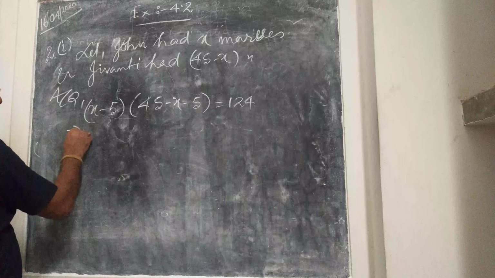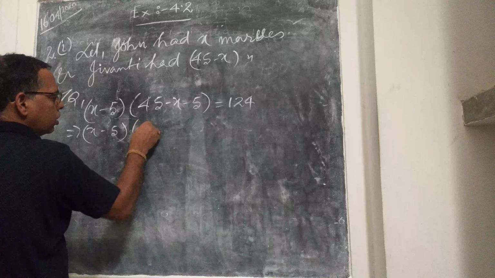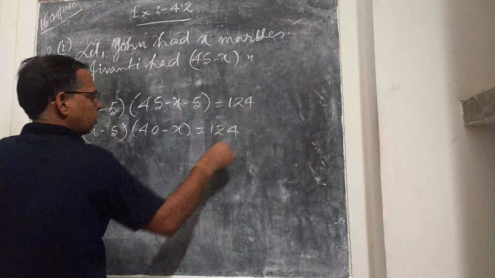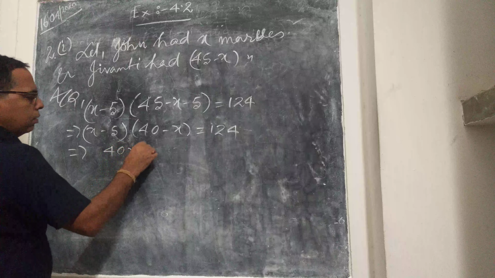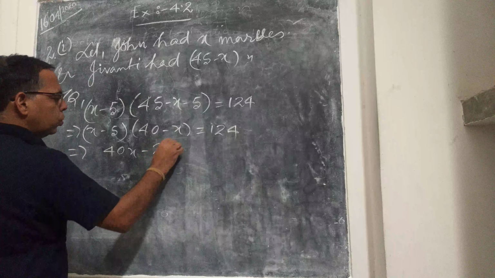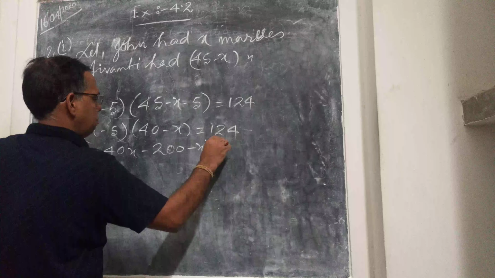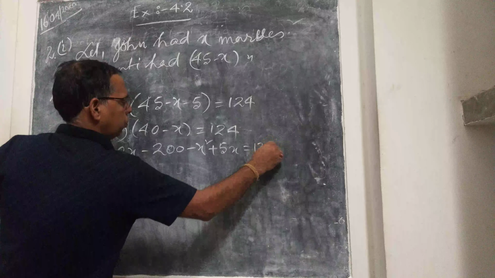Then X minus 5, then 40 minus X equal to 124 implies 40X minus 200 minus X square plus 5X equal to 124.